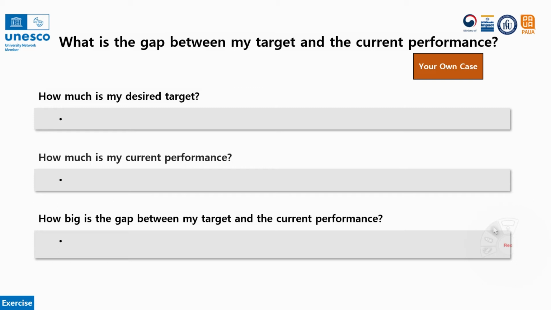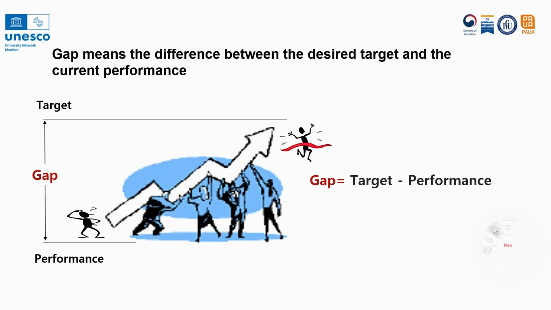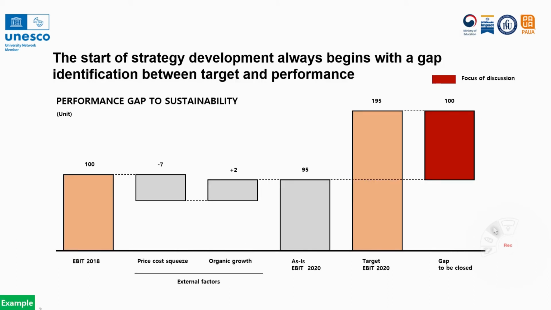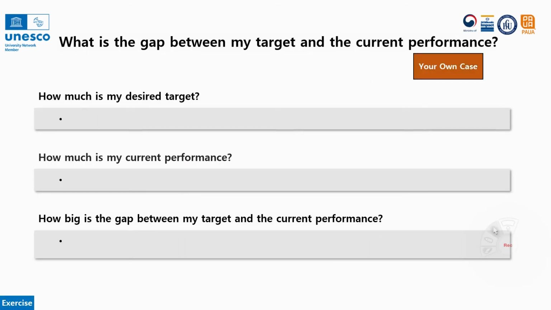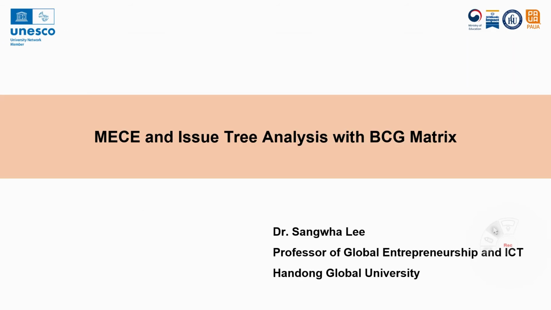So identifying the gap is always the first step of developing strategy. Okay, so once you have identified the gap between your desired level and the current performance, now let's move on to the next topic. Okay.